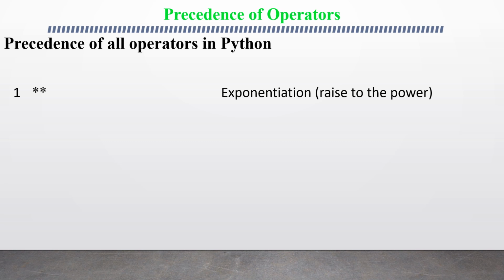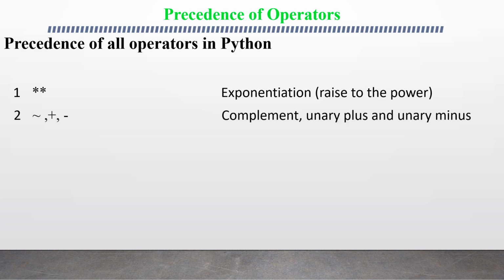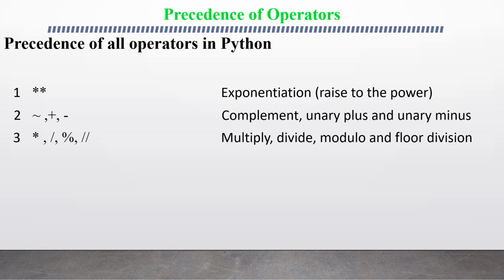The next precedency is for the complement, unary minus and unary plus. The next is for multiply, divide, modulo and floor division, that is for multiplication, division, finding the remainder and floor division, that is integer division.